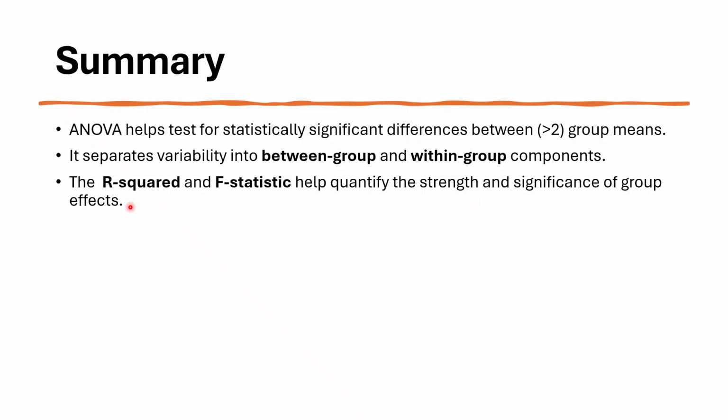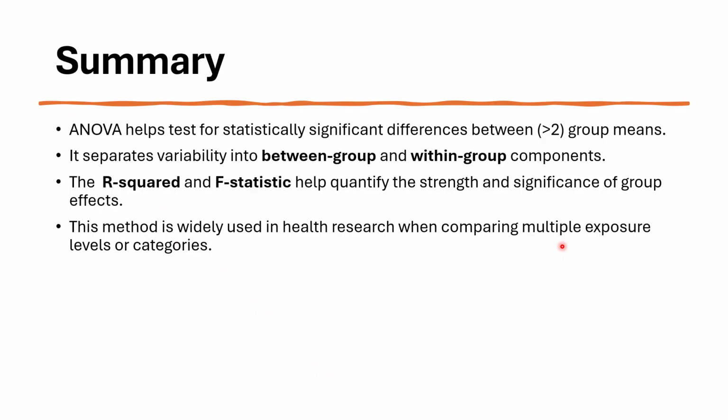These values, R square and F statistics, help quantify the strength. R square helps quantify the strength, and F statistics helps in quantifying the significance of the group effect. This method is very widely used in health research when comparing multiple exposure levels or categories.